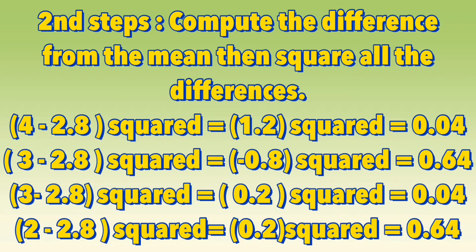Next, 3 minus 2.8 equals 0.2, squared equals 0.04. The next, 2 minus 2.8 equals negative 0.8 squared, which equals 0.64.